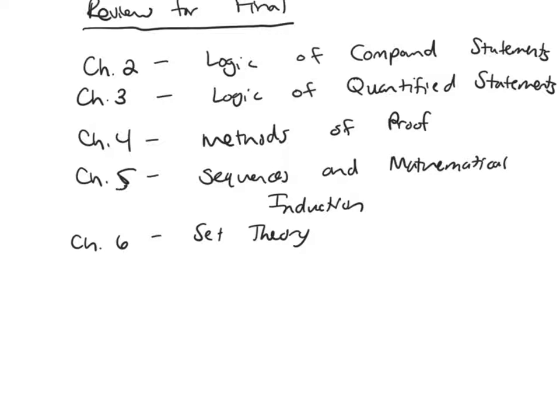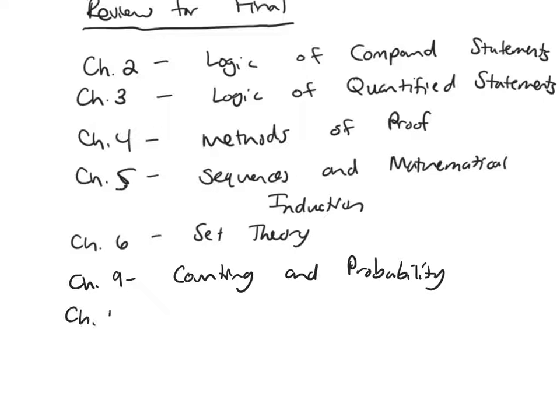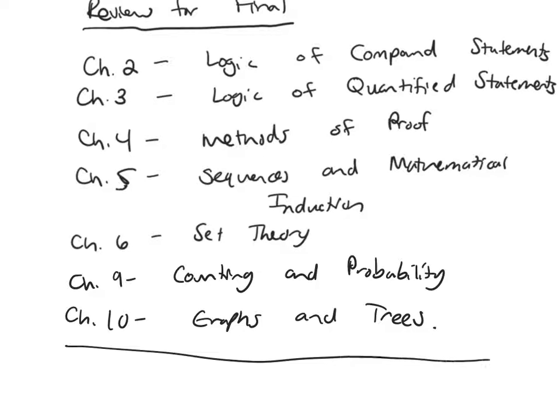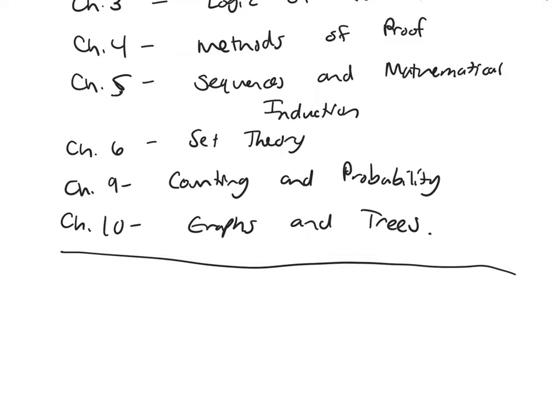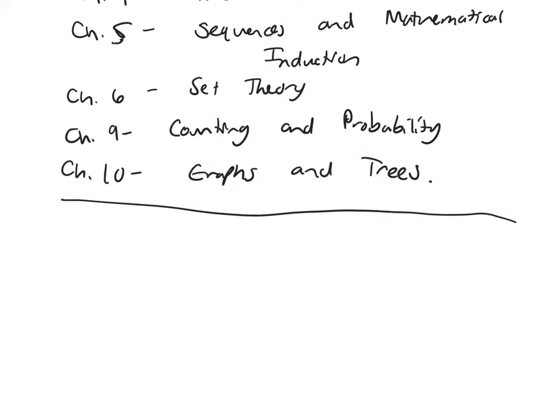Chapter 9, counting and probability. And then we ended in chapter 10, where we talked about graphs and trees. So in these videos, we're going to review some of these topics, and I'm going to focus primarily on the earlier material.